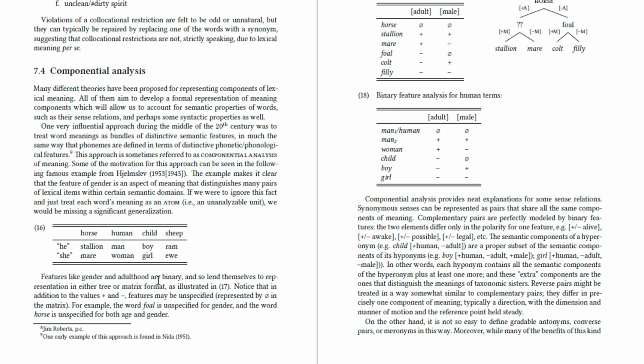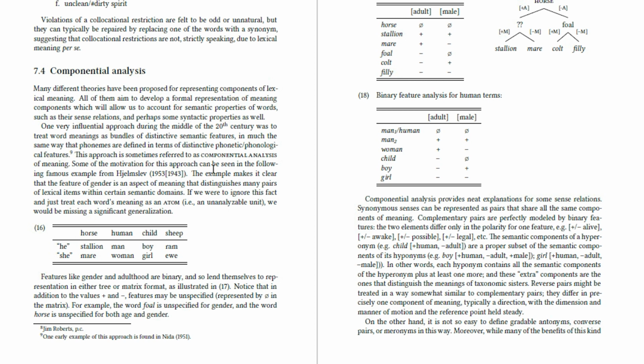And when we say it's binary, it's like the opposite, like male and female. In adulthood, you have child, adult, and old. These features will be given to any word that you use.